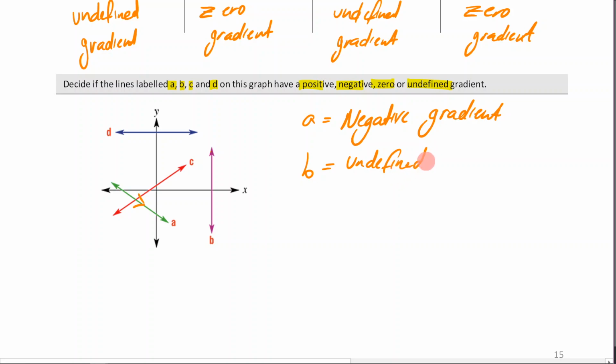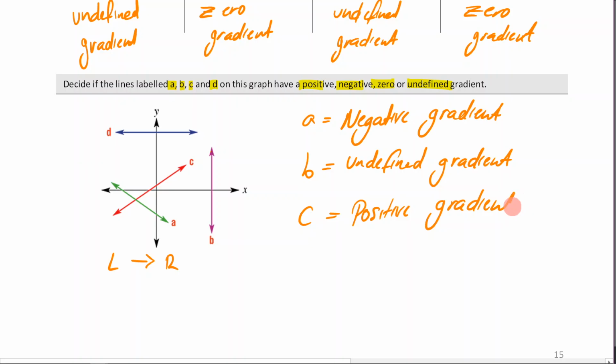Undefined gradient, because it is vertical. What about C? My C is the red line here. Remember, you have to read it from left to right. It's going up. So it's going to have a positive gradient. And then last, but certainly not least, is D, which is horizontal, which means it has a 0 gradient.